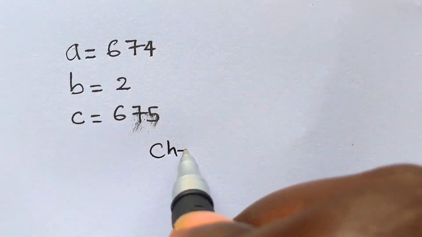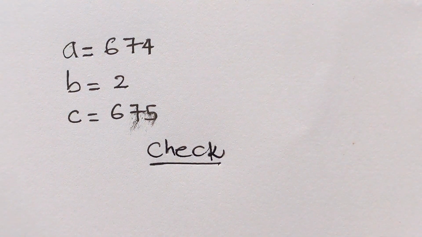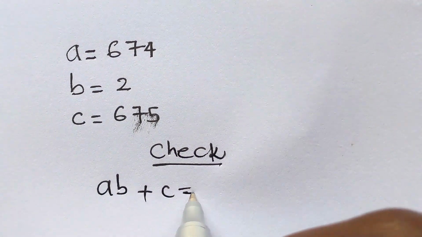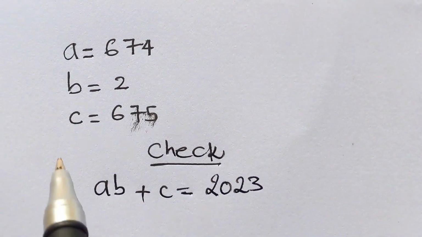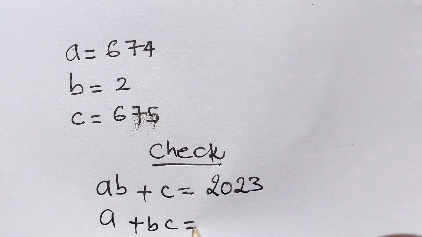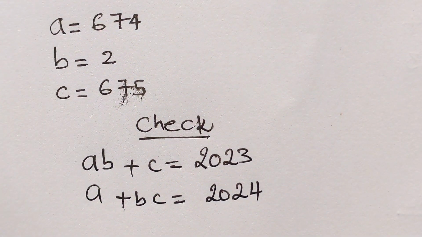We have to check whether the values of a, b and c are correct, because ab plus c should be 2023, and a plus bc should be 2024. We check each equation.